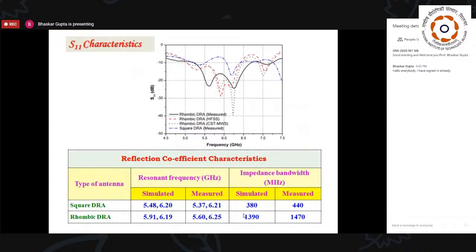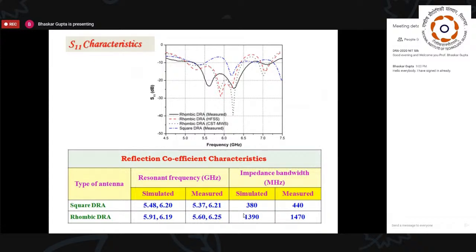Here we have in the plot for the rhombic DRA, the measured S11 plot, and for the square DRA also, we have superimposed the measured plot. For both of these structures, we have shown the simulated plots by HFSS and Microwave Studio of CST.